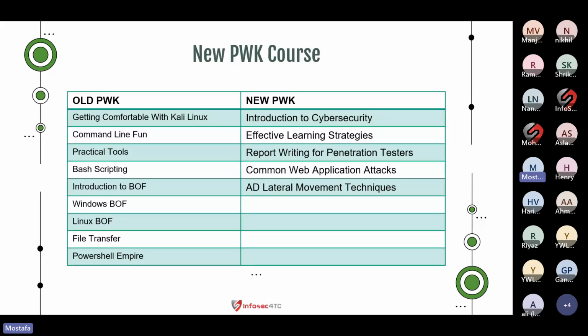Then they started to add new content to some modules, such as web applications. They added a module called Common Web Application Attacks, which goes deep into SQL injection and file upload vulnerabilities, and then added Active Directory lateral movement techniques, which talk about Active Directory attacks in more advanced scenarios.